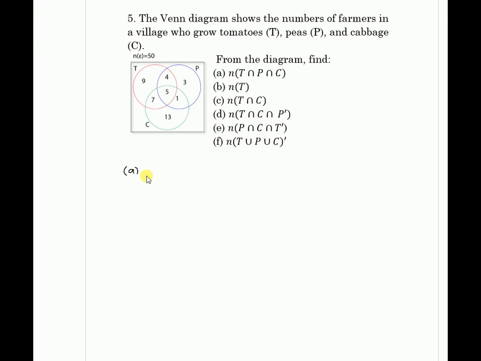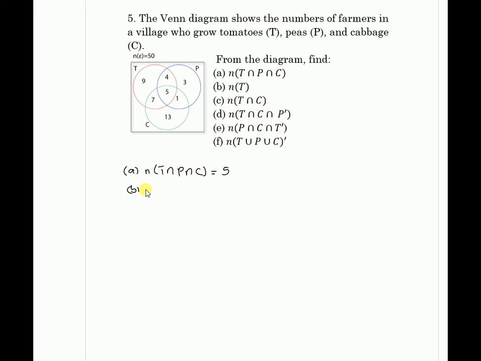So look for the elements that are existing in all of the circles. So the number of elements in T intersection P intersection C is equal to 5. It is this one here, lying in all the 3 sets.